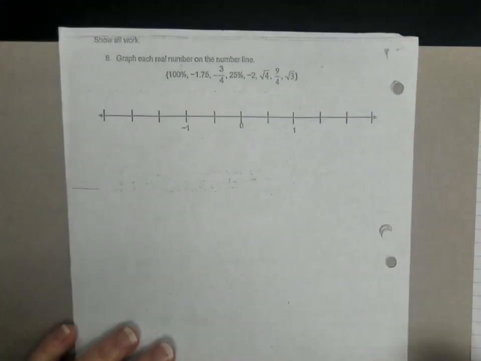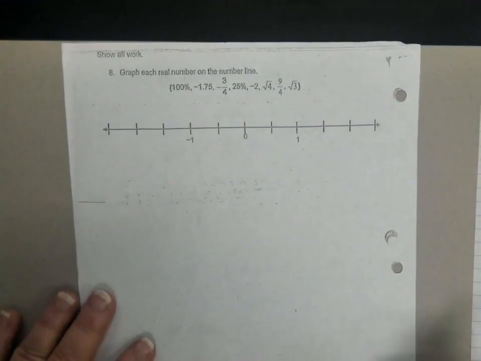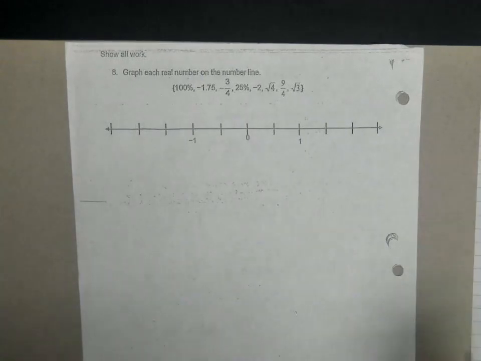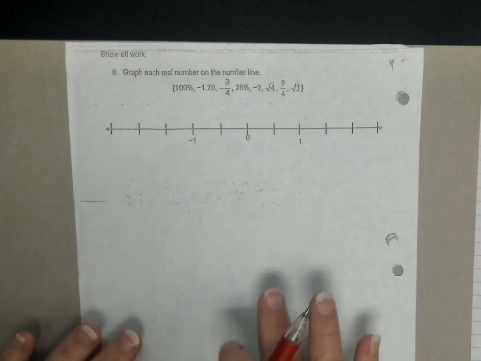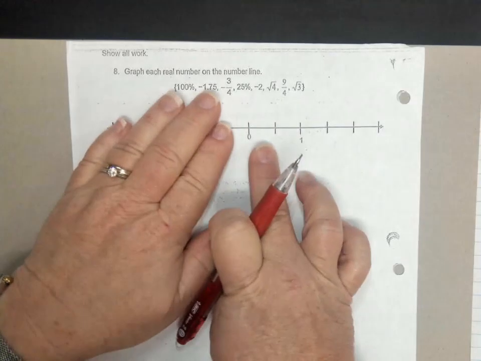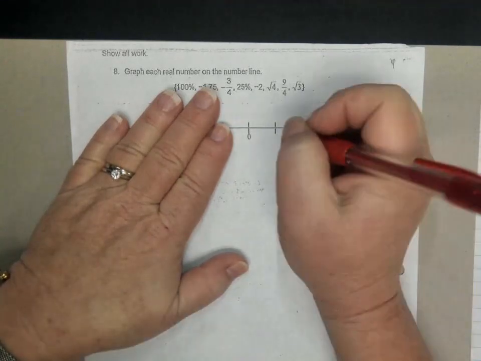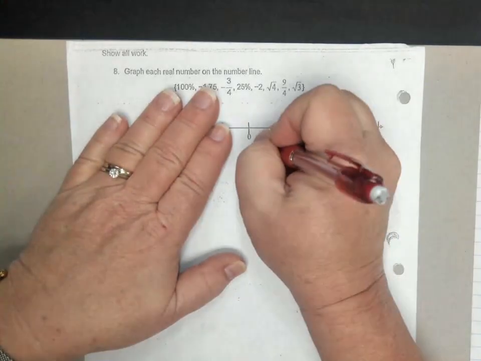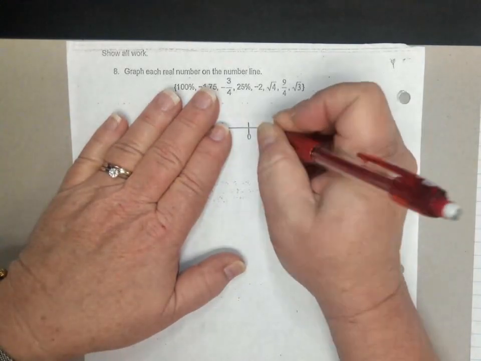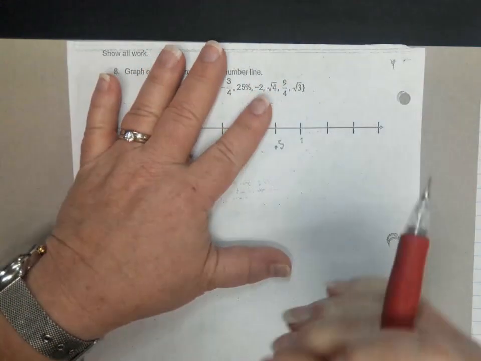We're almost done. Graph each real number on the number line. Okay, I've got this number line, and it looks like there's hardly any numbers on it. Okay, so here is 0. What is halfway between 0 and 1? Hopefully, you know it is 0.5.